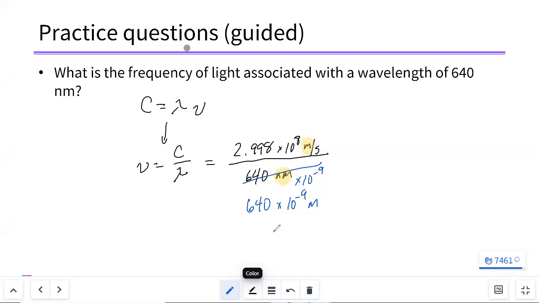And with two significant figures, I can only use 2 because this 0 here is not significant, I get 4.7 times 10 to the 14th hertz.